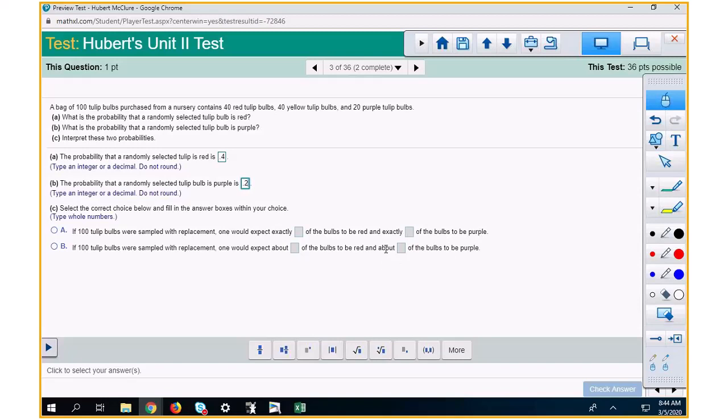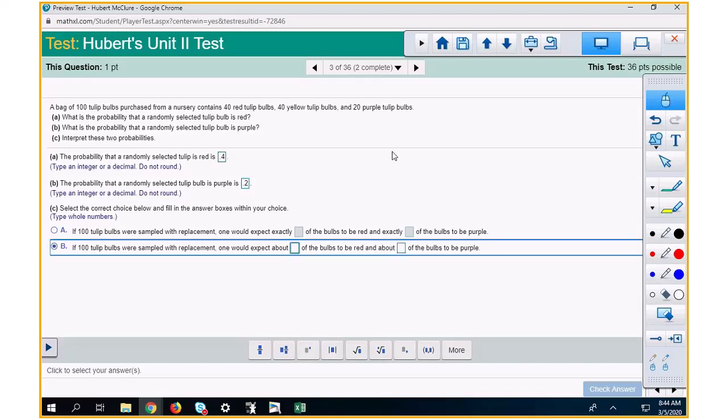I like about. Why do we like about? Because nothing is perfect. Even though you've got a very, very low probability, does that mean it's impossible? No. That does not mean it's impossible.